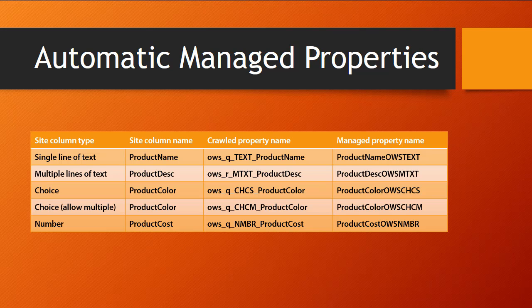Now, SharePoint Online doesn't do this anymore, and SharePoint 2016 doesn't do this anymore. But in SharePoint 2013, you didn't have to create managed properties if you simply needed them for display purposes. You would just go ahead and use the ones that were created for you.